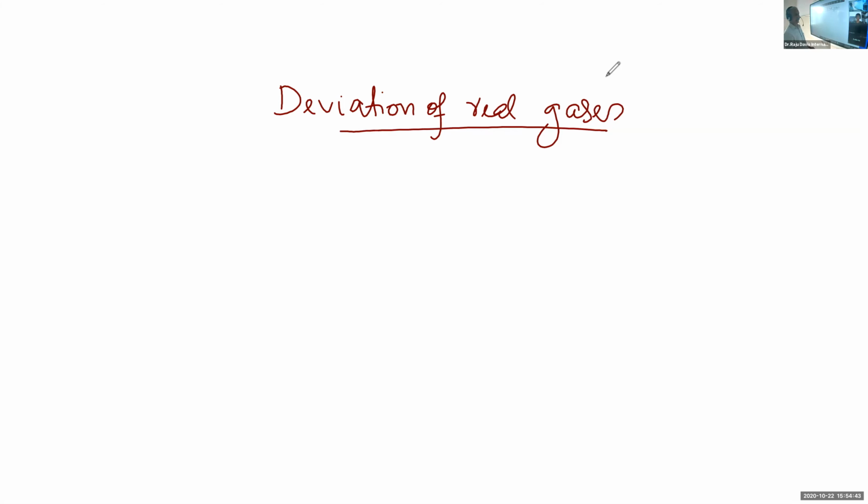Now let us see the case of real gases. Let us study the deviation of real gases. A gas which obeys Boyle's law and Charles' law is an ideal gas.